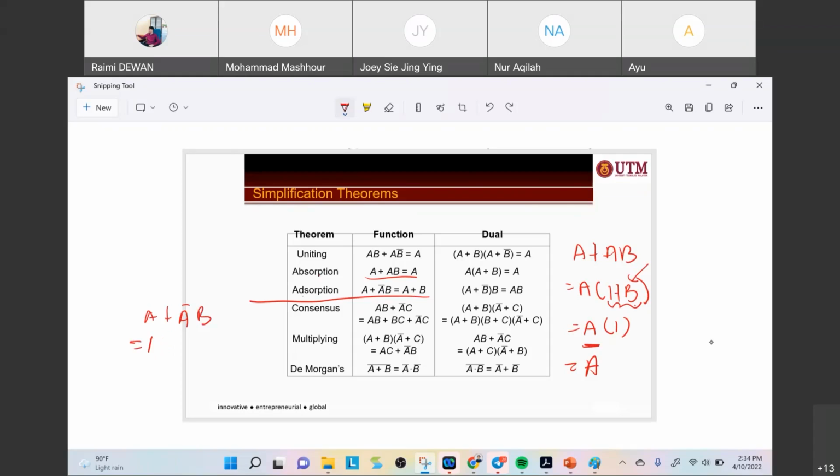A, B plus B bar plus A. There is no right or wrong. You can have many ways to solve the question and get it. AB plus A B bar.